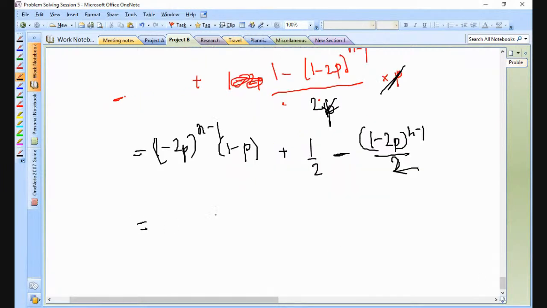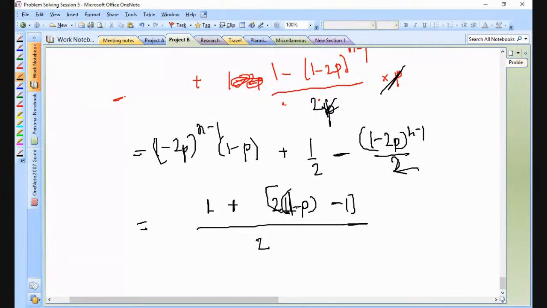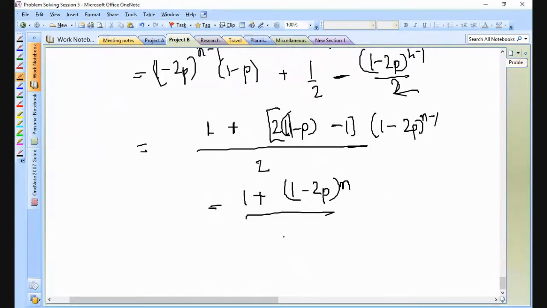Taking the 2 common, you get 1 plus 1 minus 2P whole to the power n by 2, which is equal to Pn.